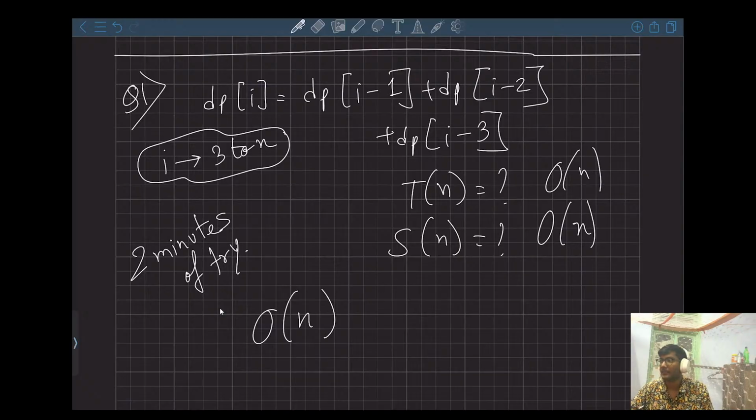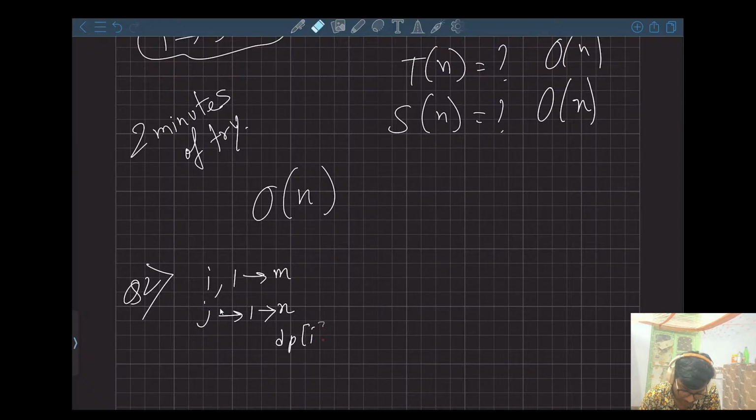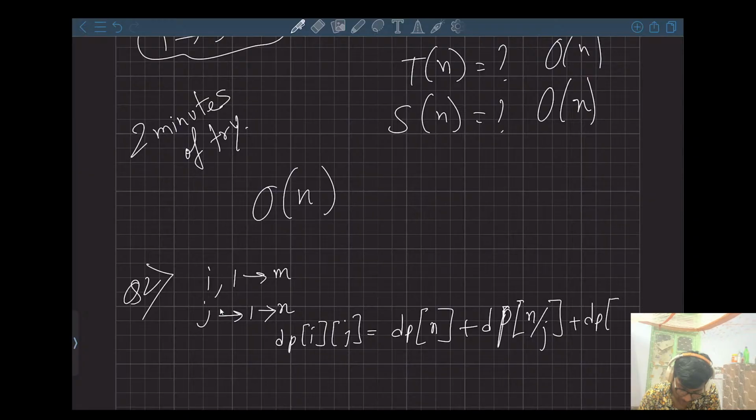now let's tackle some harder problems. Let's say I from 1 to n, j from 1 to n, dp of ij equals dp of n plus dp of n by j plus dp of n by j square plus dot dot dot.